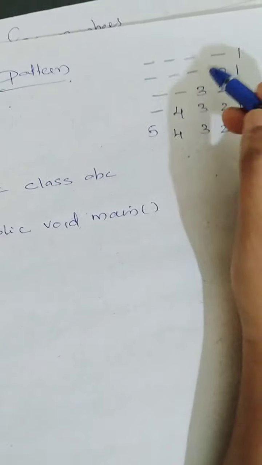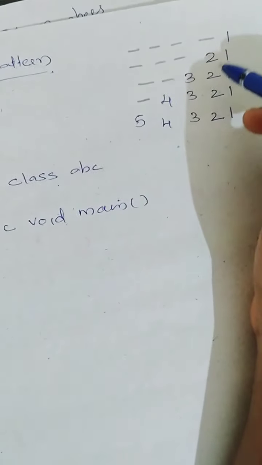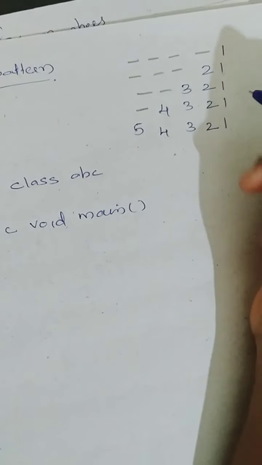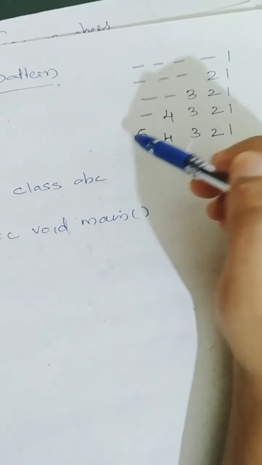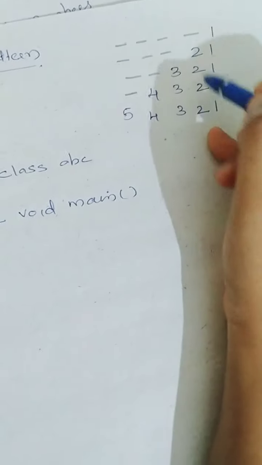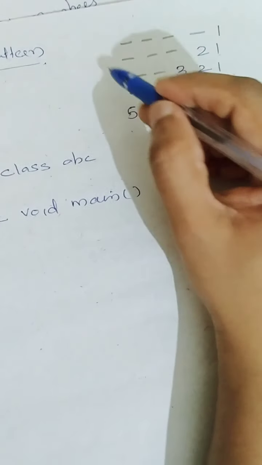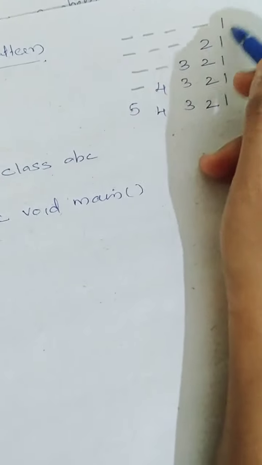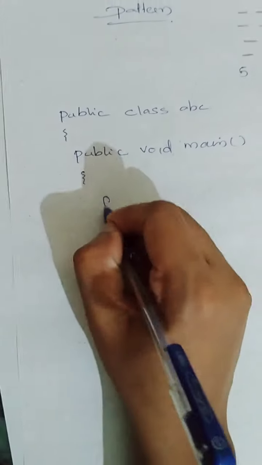One is for the number of iterations and another one is for printing the pattern. Here one more thing is there. First of all, the pattern is starting at the right hand side by leaving spaces. So you need three loops. The first loop is for the number of iterations, the second loop is for giving space, and the third loop is for printing the statement.